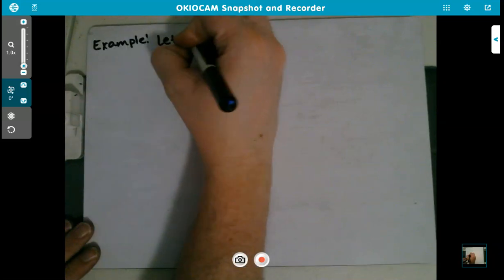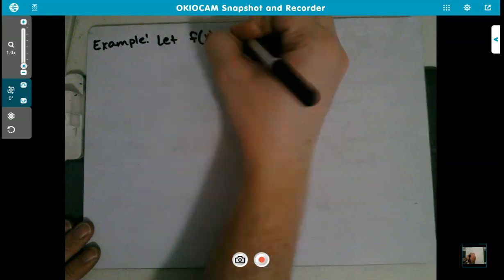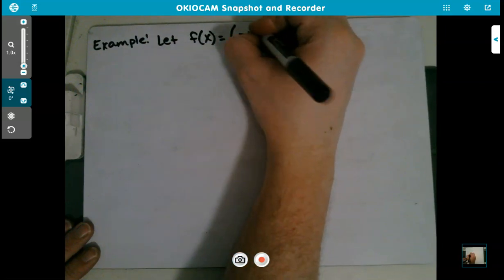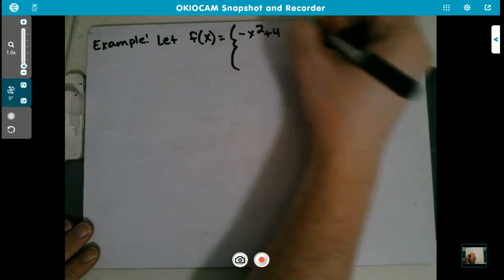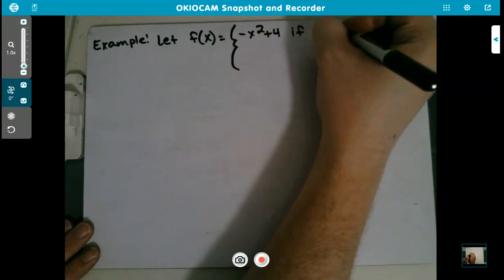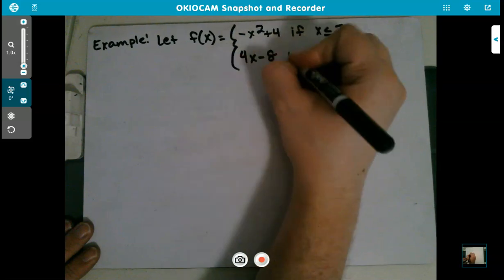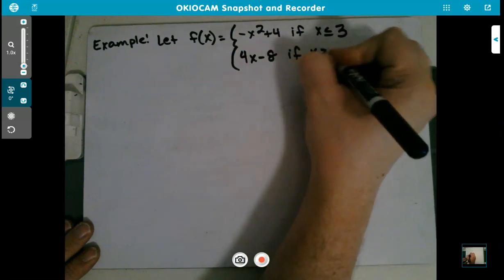This time we're going to let f of x be piecewise, and there's going to be two parts. The first part says negative x squared plus 4 if x is less than or equal to 3. And then the second part is 4x minus 8 if x is greater than 3.